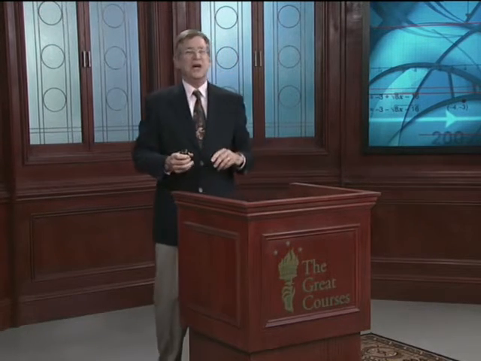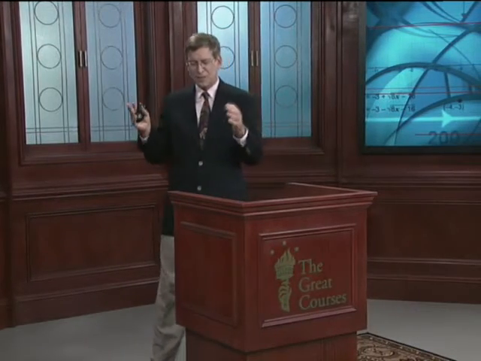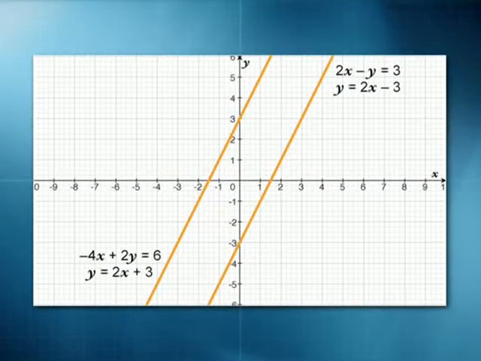Let me show you the geometry of this system, and you'll see why there's no solution. In this simple case, each equation represents graphically a straight line in the plane. One of the equations was 2x minus y equals 3, and if you put that in slope-intercept form, you get y equals 2x minus 3.